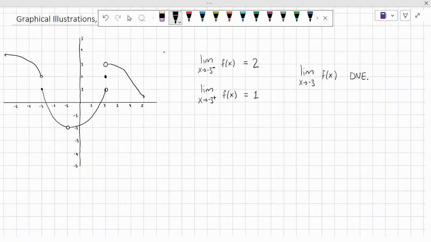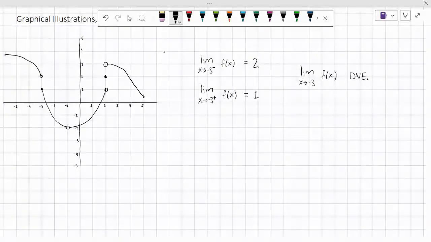It's trying to approach multiple values at once, and so you can't assign one of those values over the other as what the function is approaching. So we would say it does not exist.